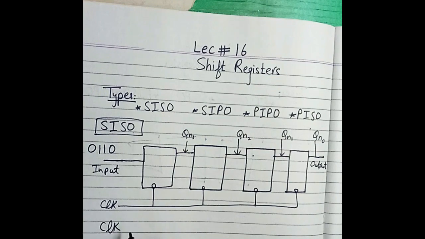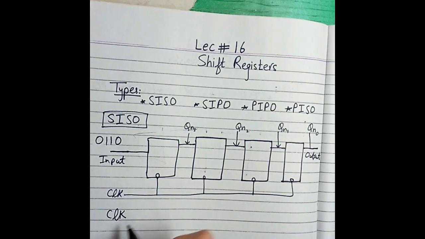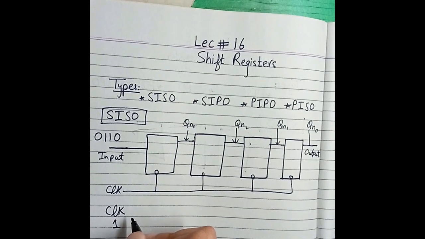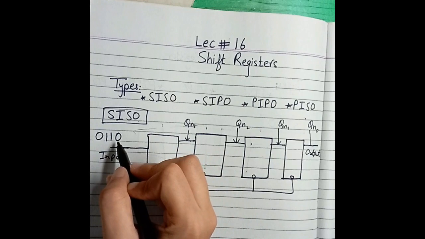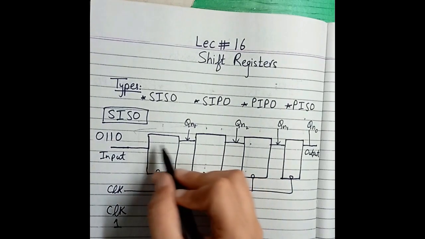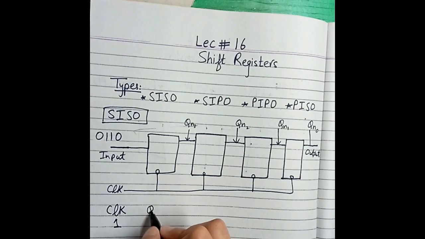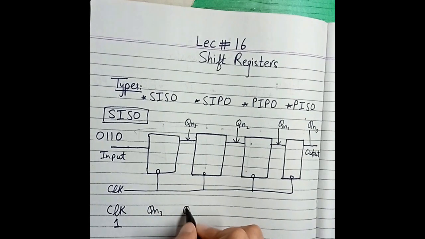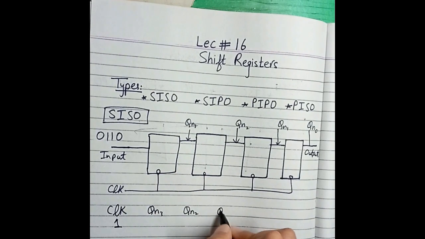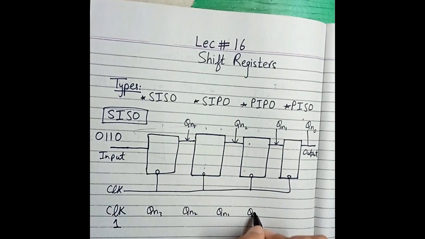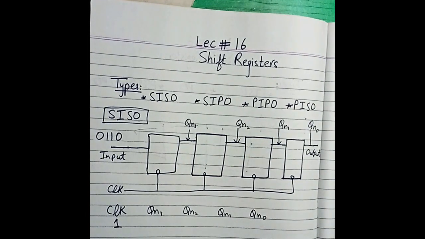We will have the clock, then our clock is 1, like we are giving the first clock and our process starts. This 0 will be input and it will go at the place of Qn3. First of all, we will write it as Qn3, Qn2, Qn1 and Qn0.